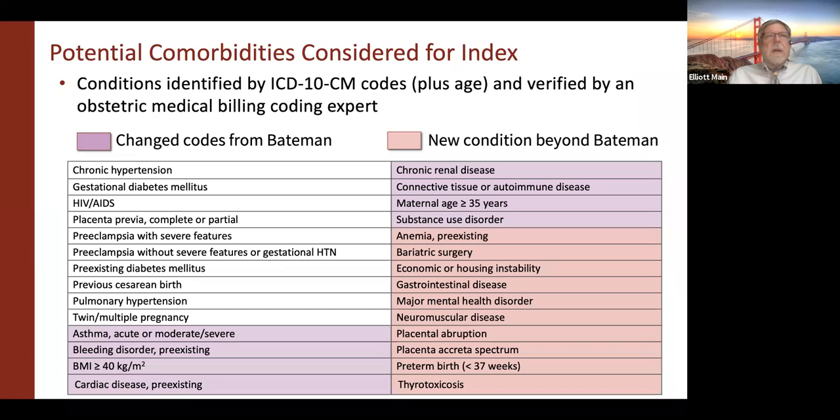We added on, in the purple, a lot more codes of interest for asthma, bleeding disorders, renal disease, advanced maternal age. We added substance use disorder, and then pre-existing anemia and things like economic and housing instability and mental health disorders, as well as placental abruption and placenta accreta.